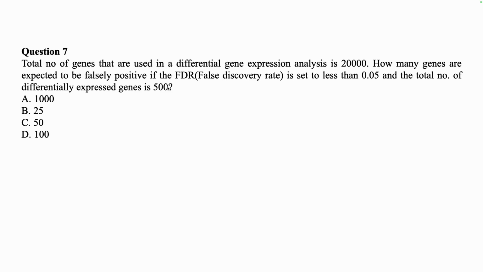So in the experiment, 20,000 genes are analyzed, out of which they have found 500 genes to be differentially expressed, but the false discovery rate is said to be less than 0.05. So basically this fraction can be a false positive of what we are observing.